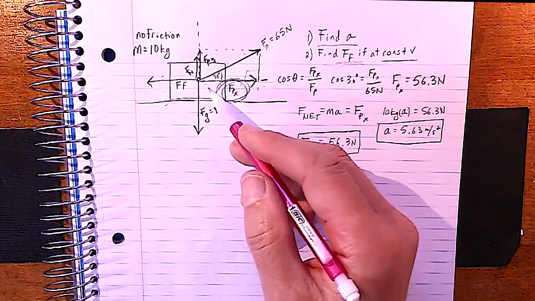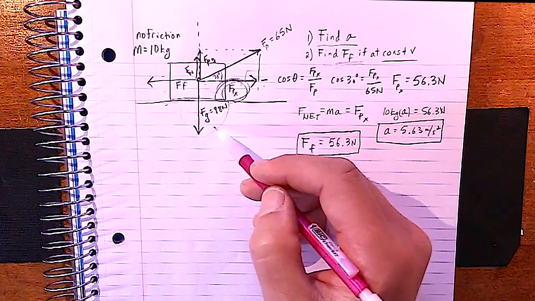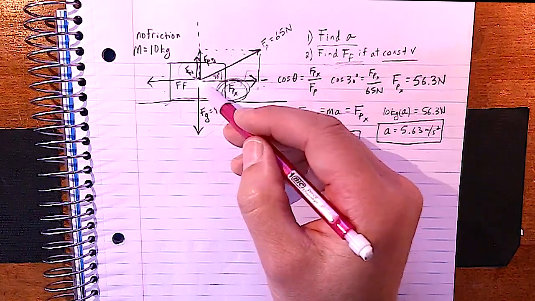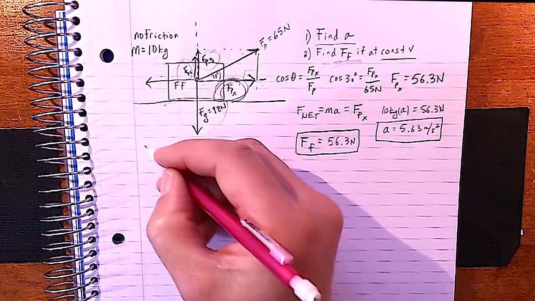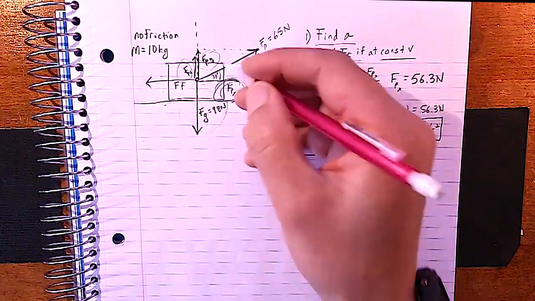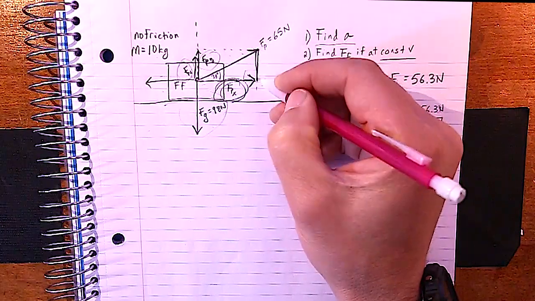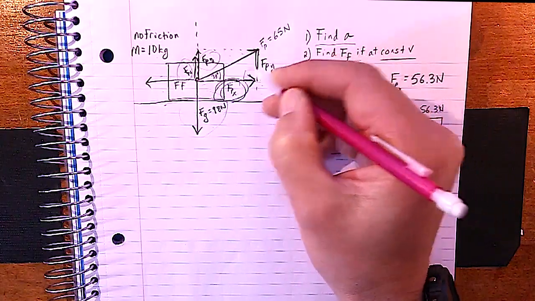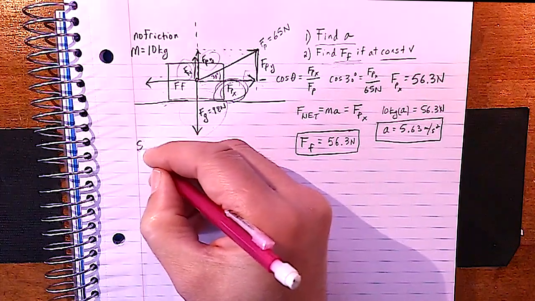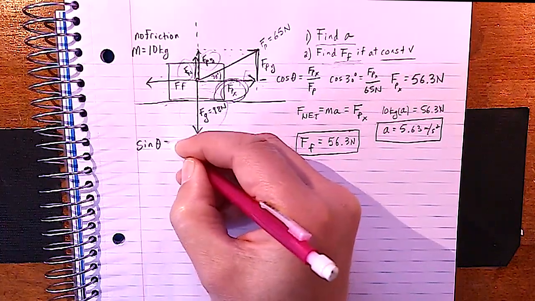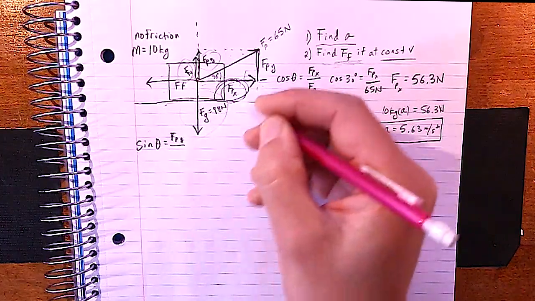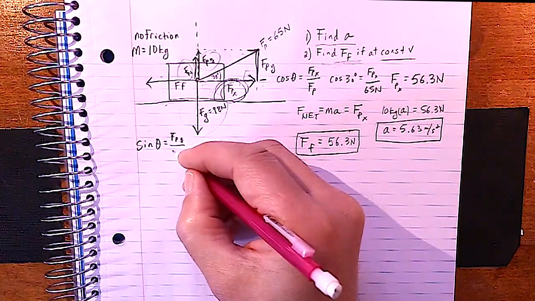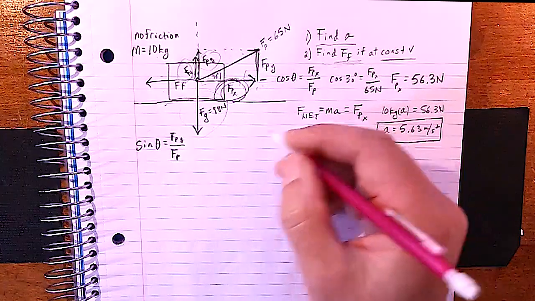So if you see what we need to do here, we have 98. We're going to look for this force normal, so we need to get FPY. So to do that, we're going to use opposite. That's our FPY over here. So that's going to be sine. So we're going to do sine theta equals opposite, which is FPY, over hypotenuse, which is going to be our force of pull.